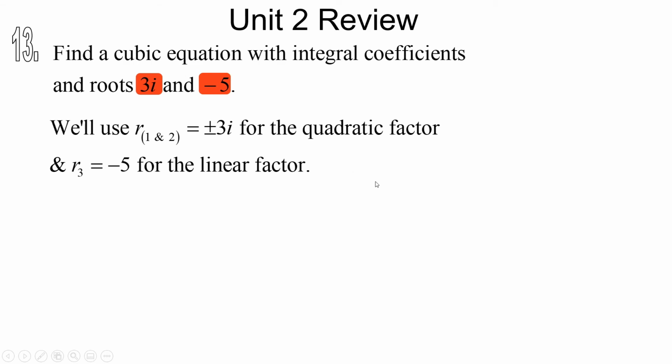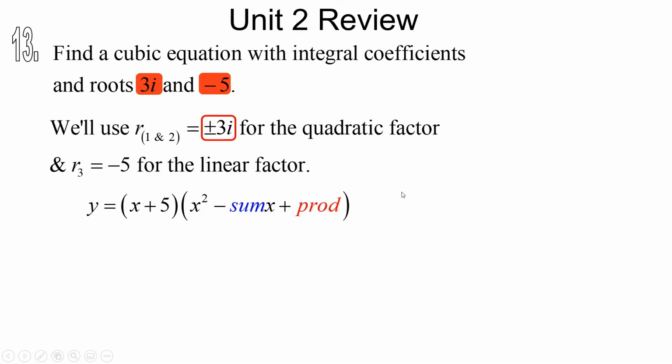So I'm already almost set up right now. y equals, well, if I have a root of negative 5, I have a factor of x plus 5. And for the quadratic, where I'm using plus or minus 3i, any quadratic can be written in the form x squared minus the sum of the roots times x plus the product of the roots.